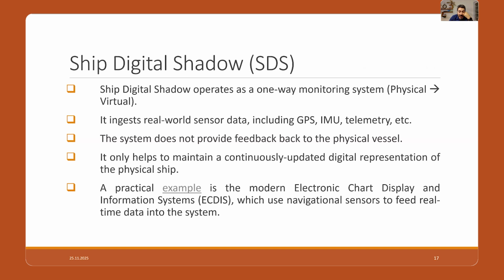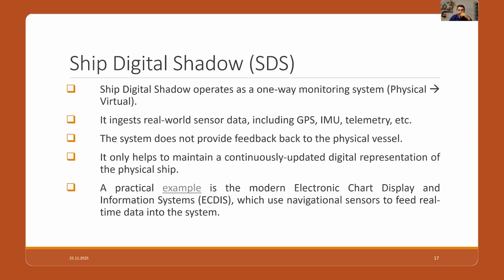The aim is to maintain a continuously updated digital representation. This is a sensor-driven approach, and it proves particularly valuable for condition monitoring, fault detection, and operational analysis, where active control is neither required nor desired.